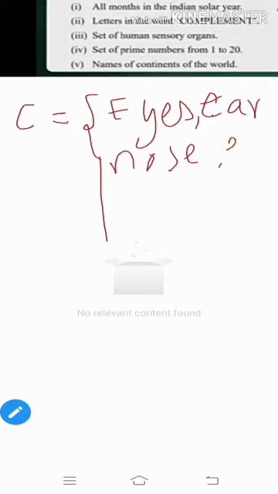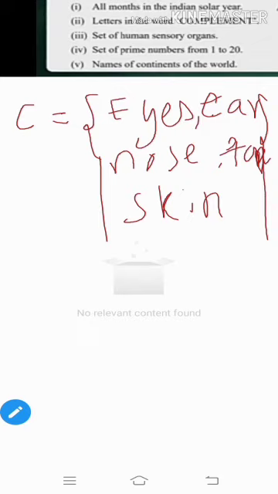Nose, tongue, and the fifth one is skin. These are our 5 sensory organs in our body. C is equal to eyes, ear, nose, tongue, and skin.